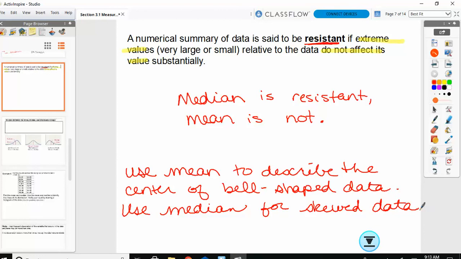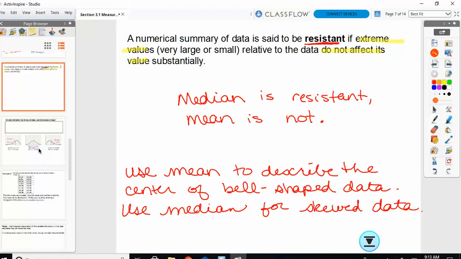So remember talking about if it was bell-shaped, skewed left, skewed right on the test, we're still going to look at that. So if it's bell-shaped, that means we have about the same number of high values and low values to balance each other out. So the mean will give you the best picture of that center. But if it's skewed, that means we either have a lot of really high values or a lot of low values. It's going to affect the mean. So we would look at the median there.